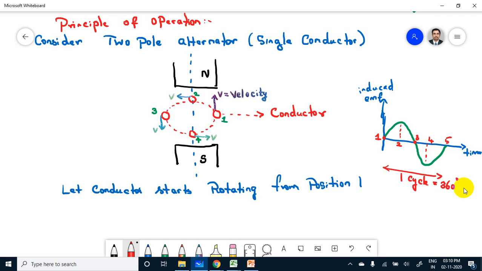Okay, now let the conductor start rotating from position 1.